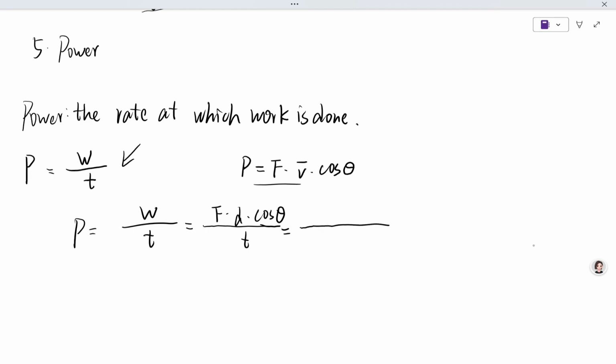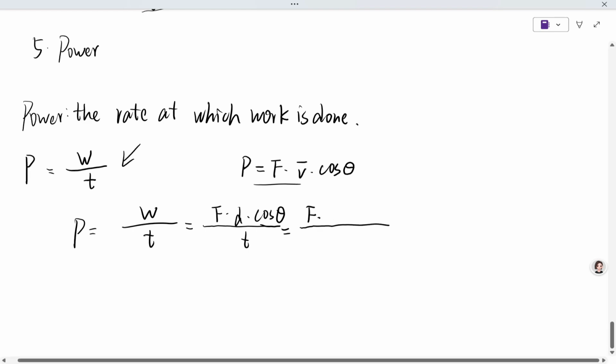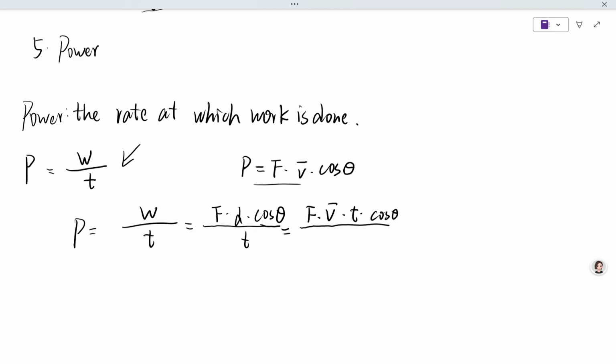So let's write it down. F times average speed times time times cosine theta over T. Now we can cancel out T in both the numerator and denominator, which we get F times V times cosine theta. Alright, we're done.